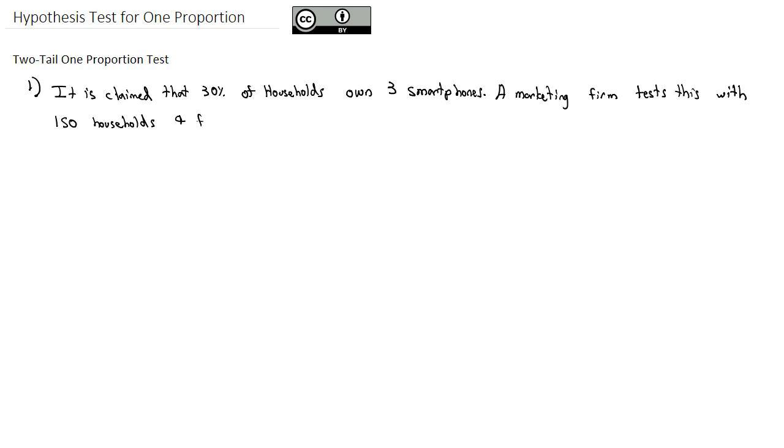And found 43 of them own 3 smartphones. What can be concluded? If alpha equals 0.05.